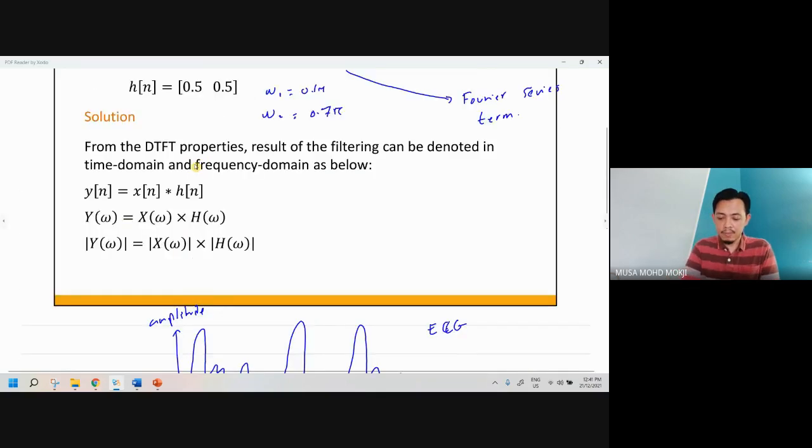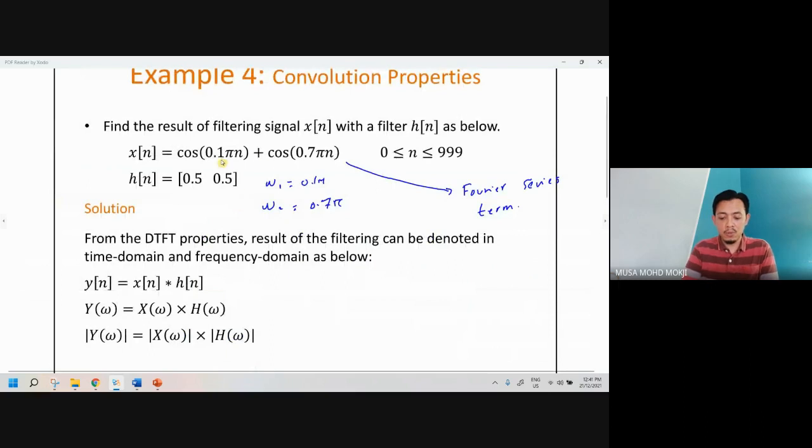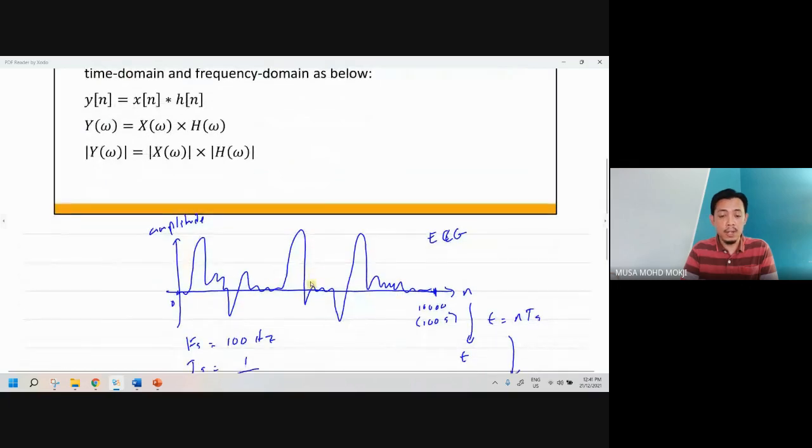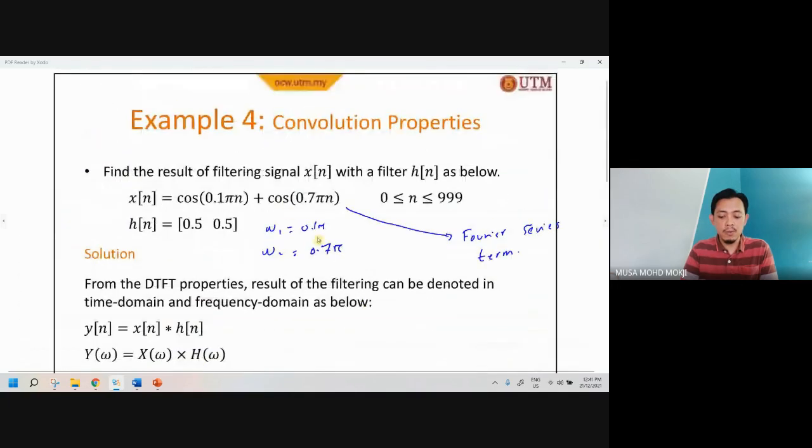Because now we have only two frequencies, we can do a simple analysis, since we are targeting only two frequencies. And the frequency is in radians. This is what we call an angular frequency for a discrete-time signal.